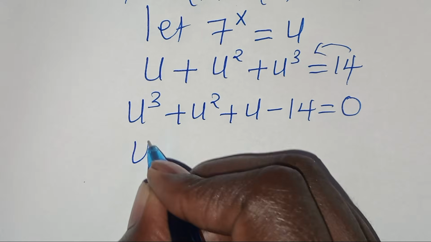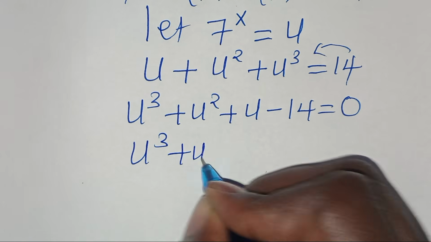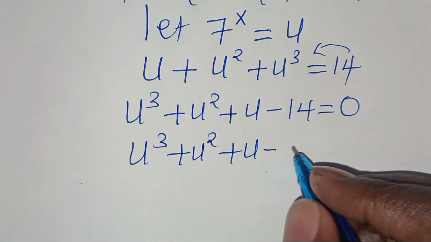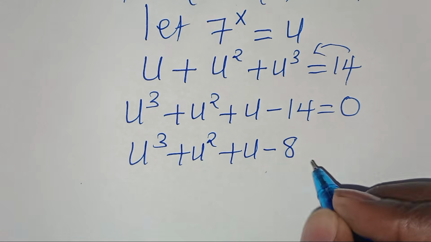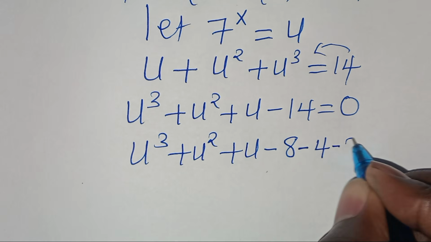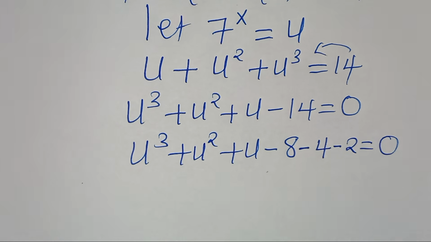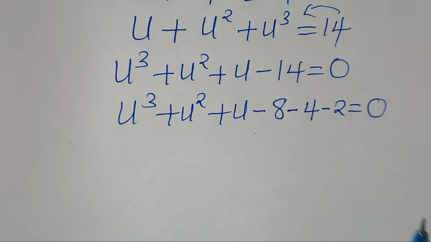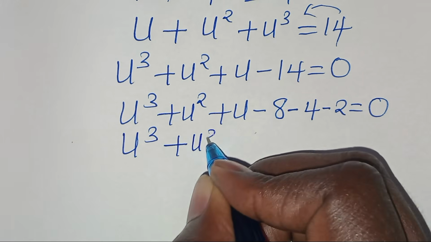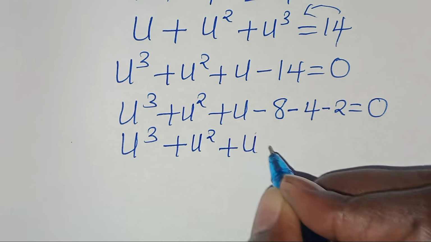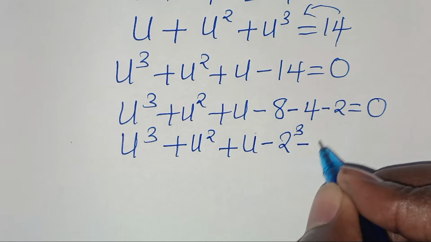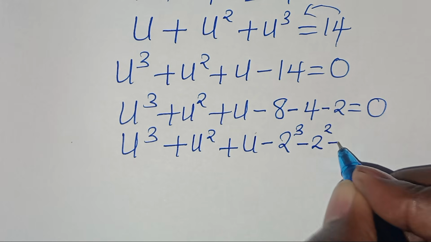So we have u to the power of 3 plus u to the power of 2 plus u minus 14, which you can express as minus 8 minus 4 minus 2. This is equal to 0. So this implies that we have u to the power of 3 plus u to the power of 2 plus u minus 8, which is 2 to the power of 3, minus 4, which is 2 to the power of 2, minus 2.